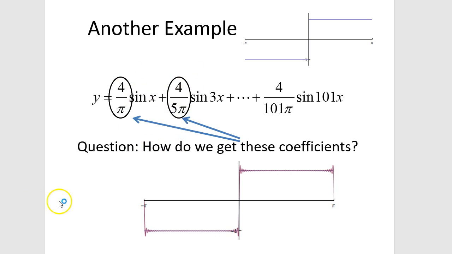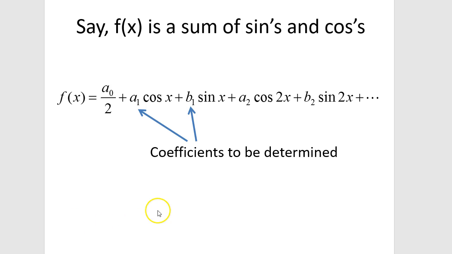So here is another approach that we're going to take. Let's say our function is a sum of sines and cosines. It's an infinite series, okay? And we're trying to mimic a given function by choosing appropriate coefficients. We have to determine these coefficients, a0, a1, b1, a2, b2, and all that.